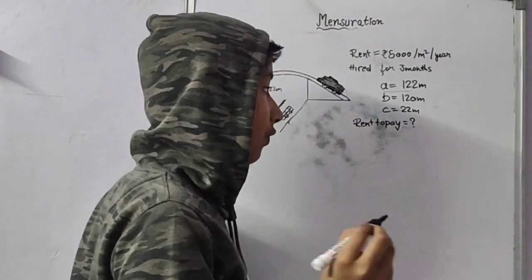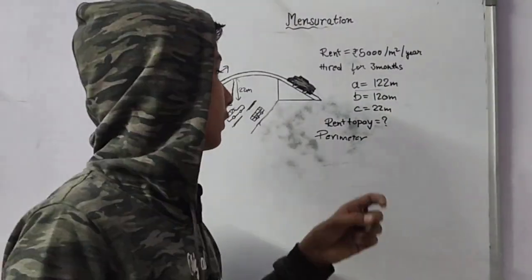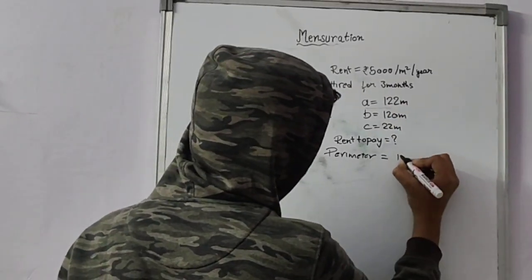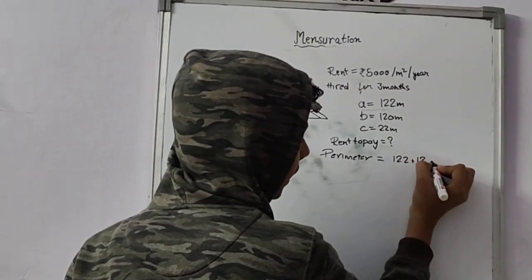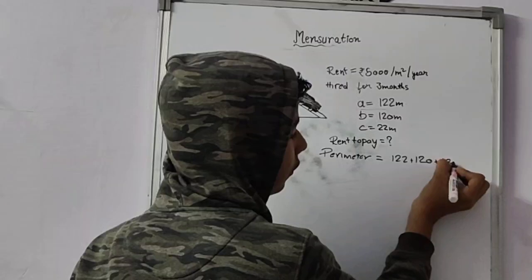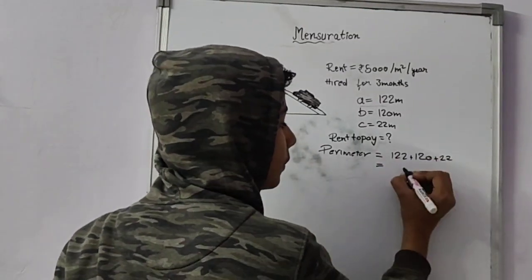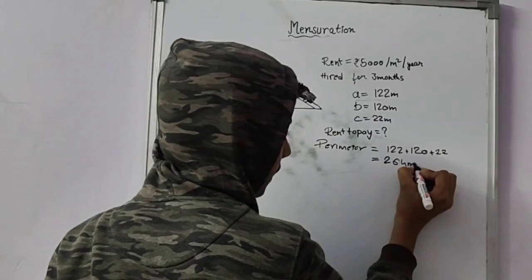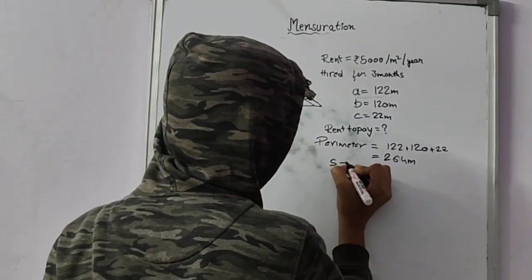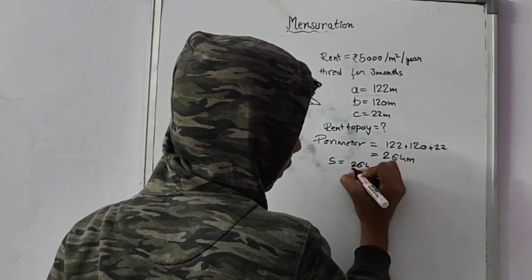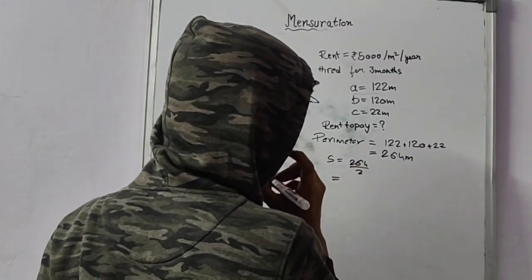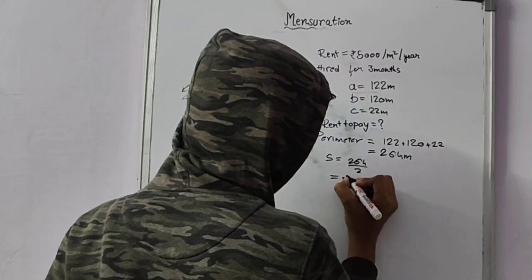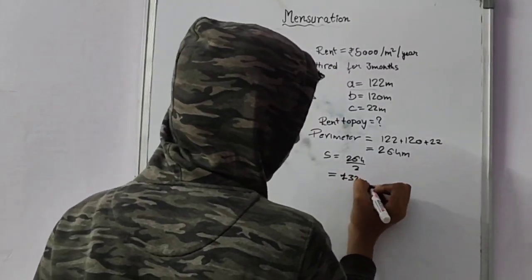Firstly, we have to find S. S is half of perimeter. So perimeter equal to 122 plus 120 plus 22, 264 meter, and S equal to 264 upon 2, 132 meter.